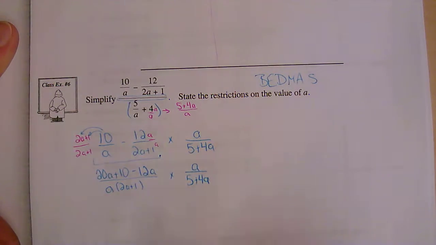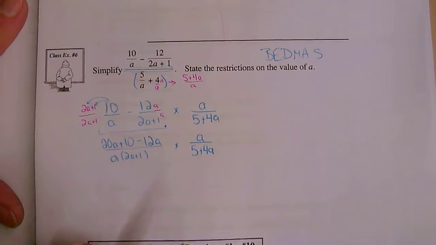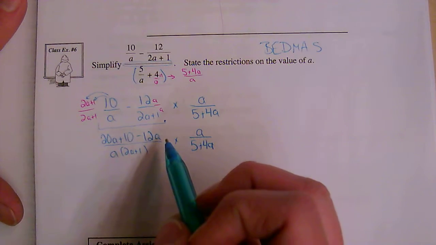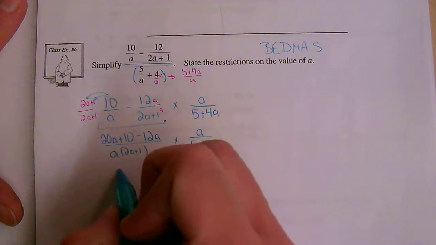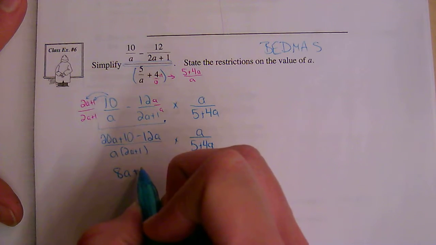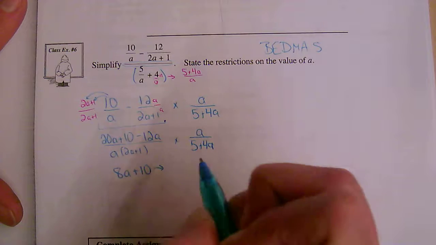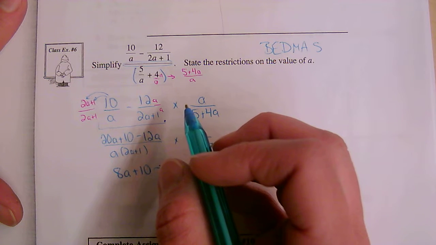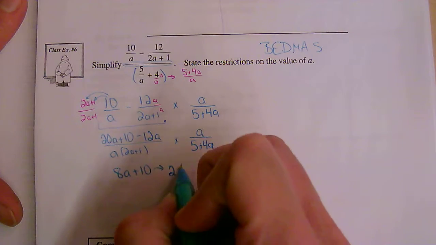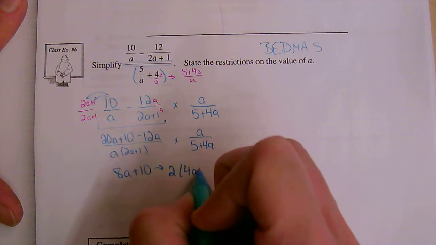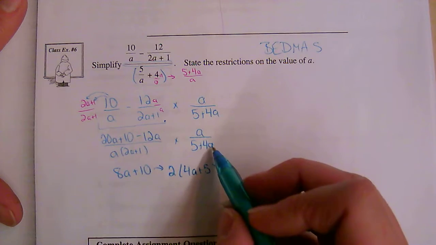So now I just need to do the math here. So 20a minus 12a is going to give me 8a plus 10, which let's factor out, because we might have something cancel out. So 2 and then 4a plus 5. See, that's right there.